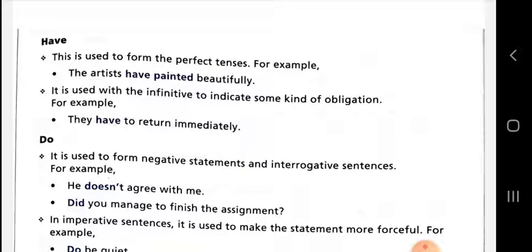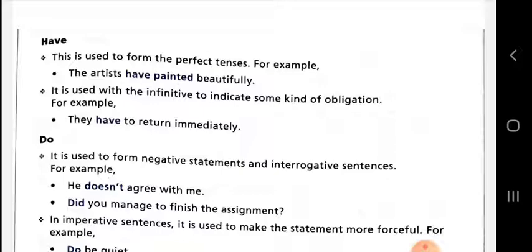Did not is used in past indefinite tense. Do is used for plural subjects and does is used for singular subjects. Helping verb did can be used with both subjects, whether singular or plural.